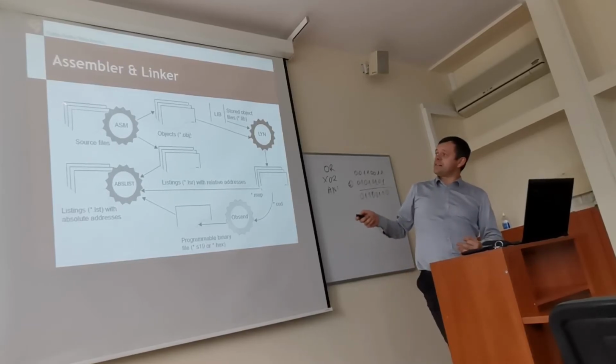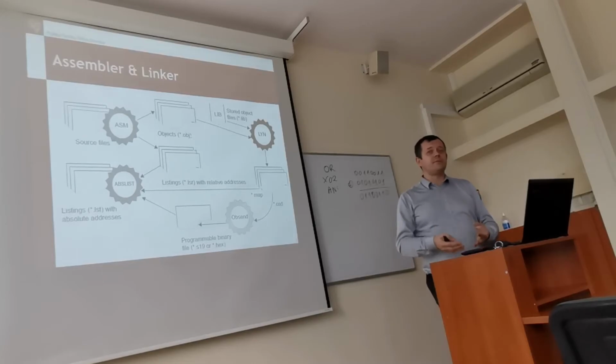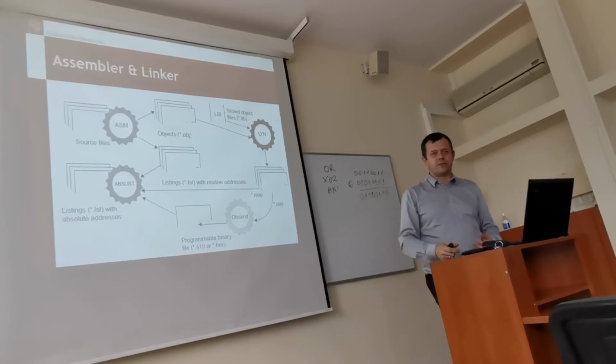Those source files are first converted into assembler files. If we have an S file, already in assembler, this step is of course omitted. But if we have a C or C++ file, then every line is translated into a sequence of these assembler instructions.